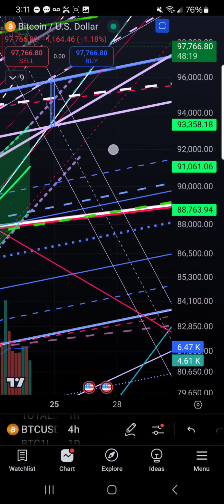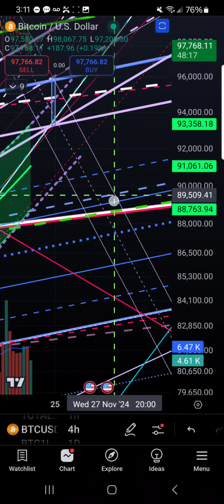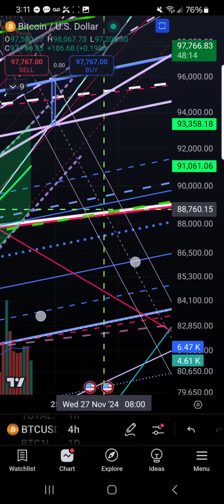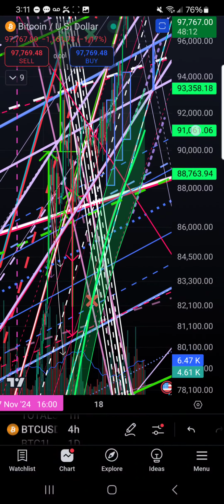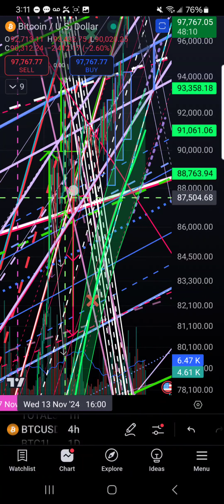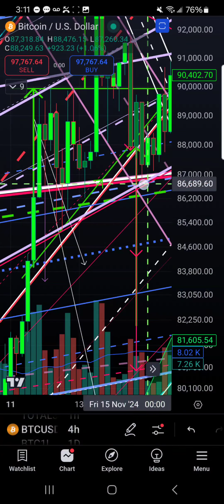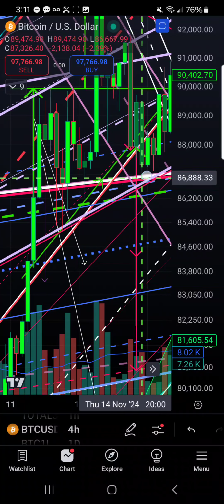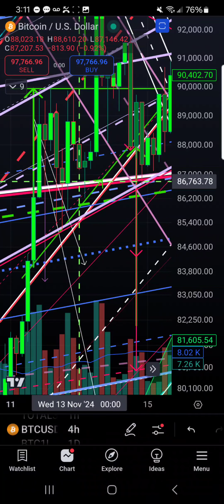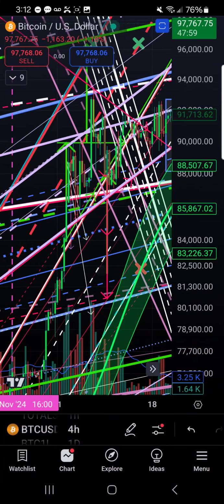But also, this has diagonal support back here, where we were consolidating earlier. You can see this is an area of support on the base of that channel, as I talked about earlier.